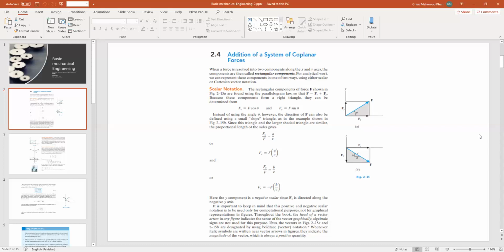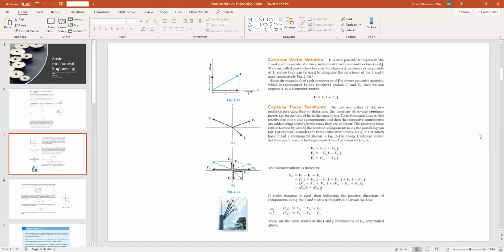Similarly, if the forces are given and you want to find the angle, you can get it by using tan theta, sin theta, or cos theta. There are different options, and I'm not going into detail of those options. You know very well.